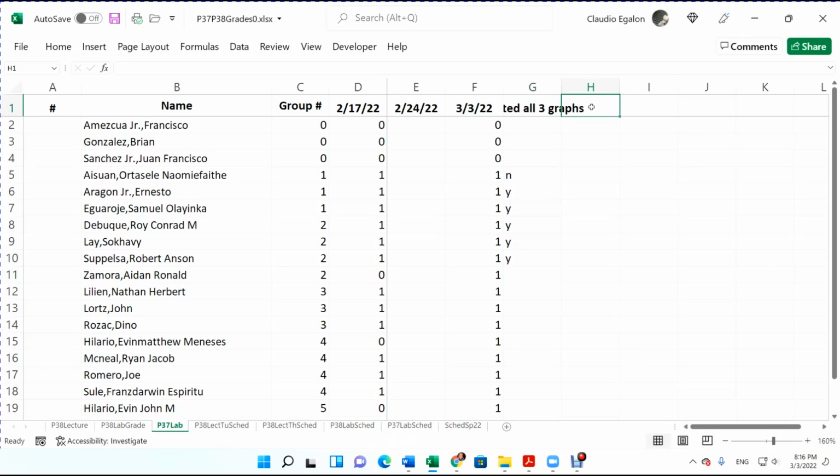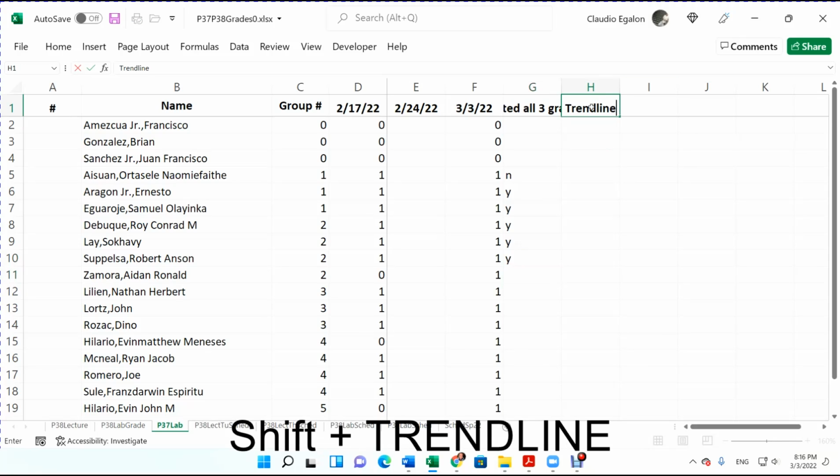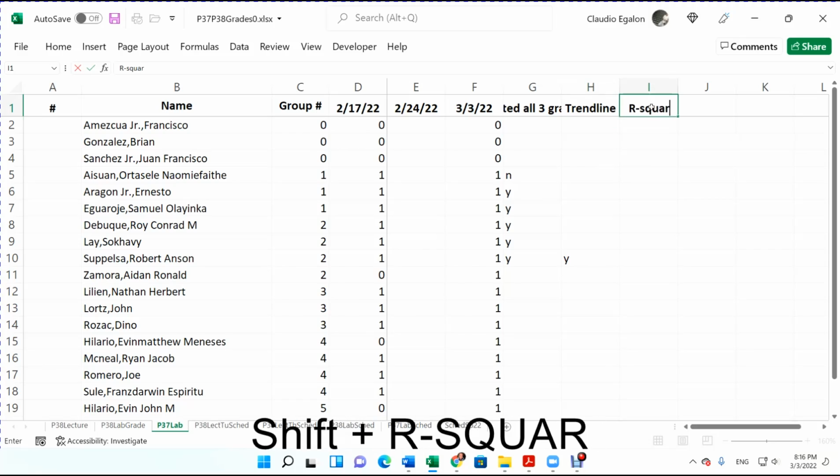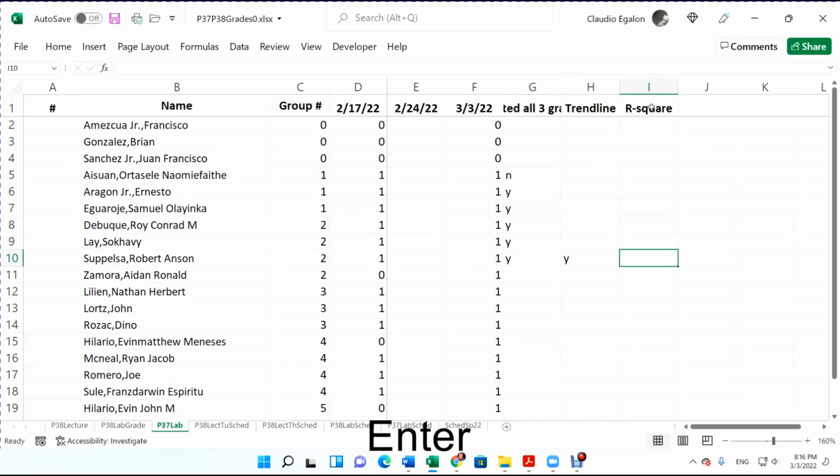Sokavi, did you plot all three graphs? Yes. Robert, yep. You also have to do the trend line and R square. Robert, did you do the trend line and the R square too? Yep. Some students didn't, so we're going to cover that again.